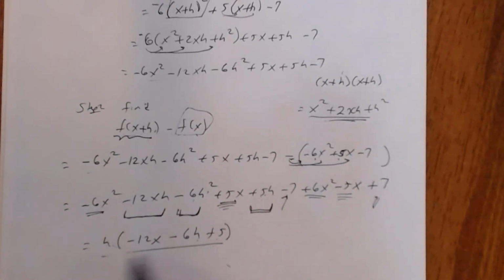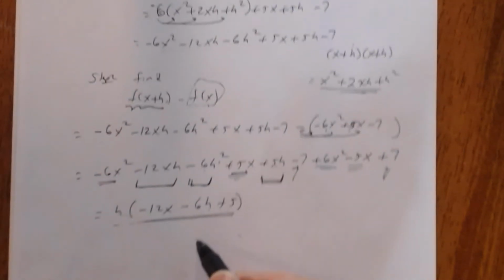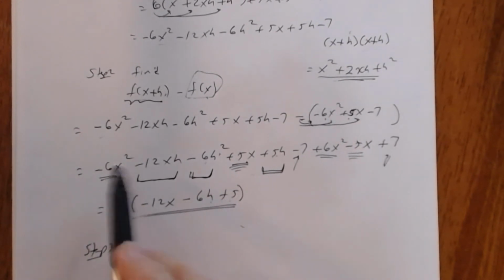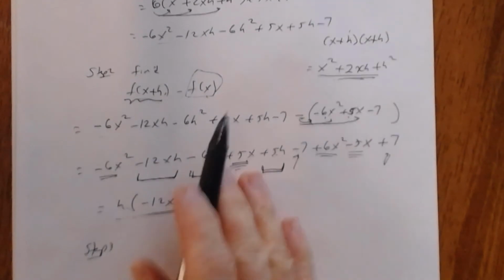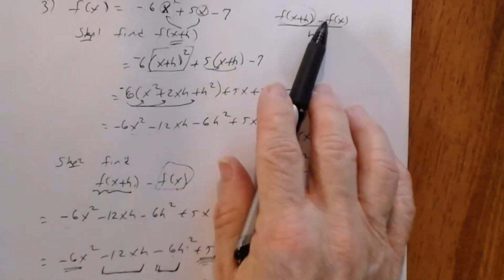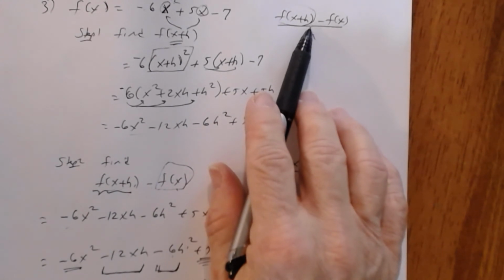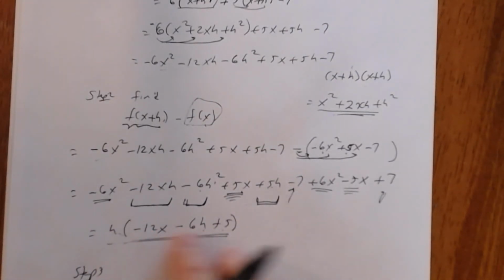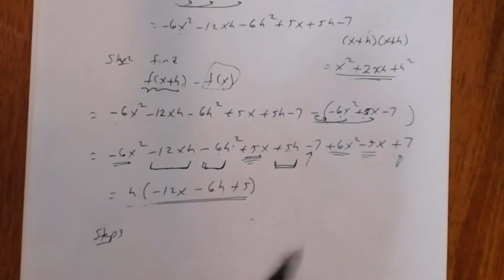That is step 2. And then finally, step 3 is where you find your quotient. But remember, the numerator is the part you get from step 2. Well, that's this. So that's your numerator of the difference quotient.